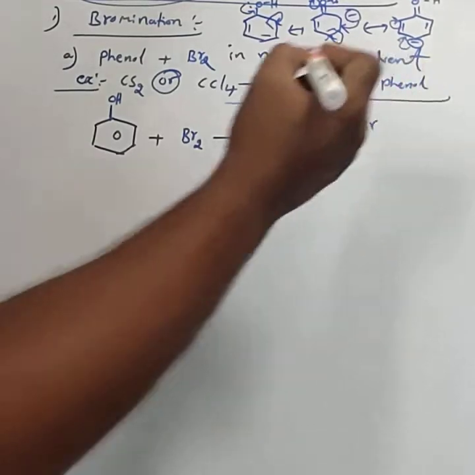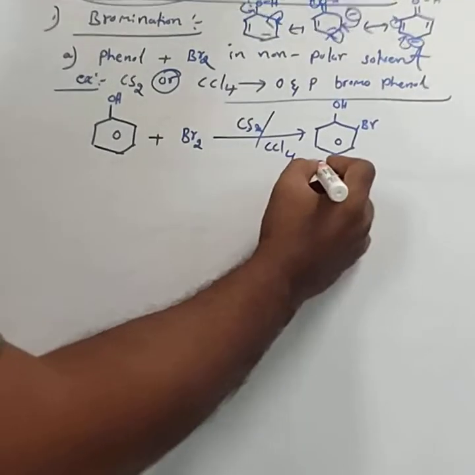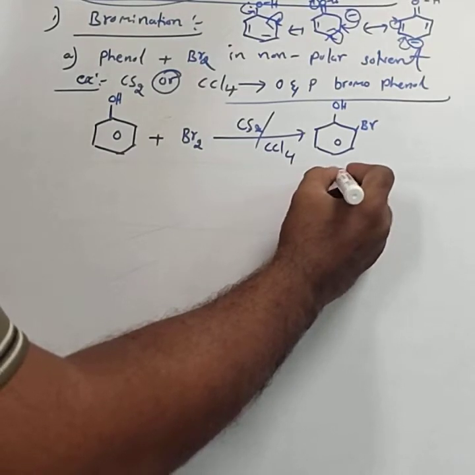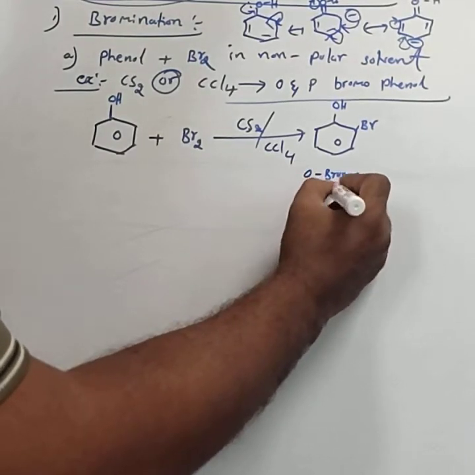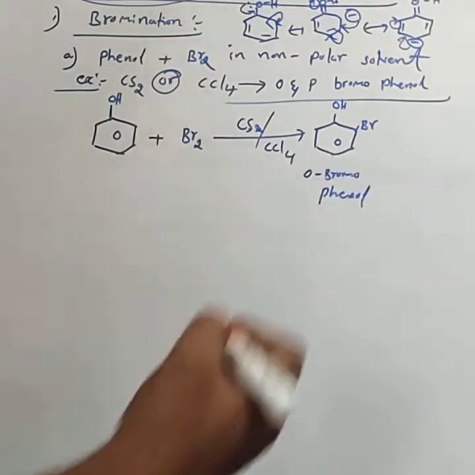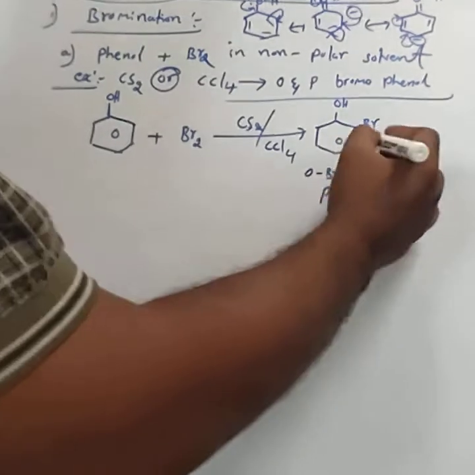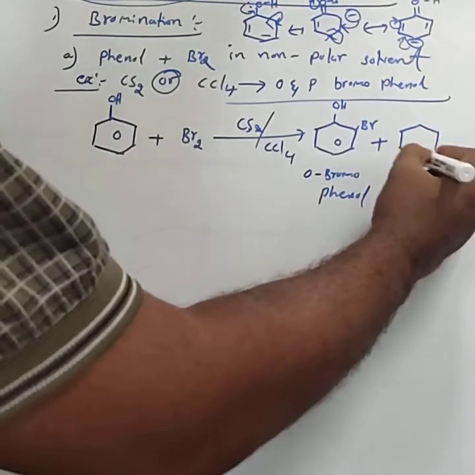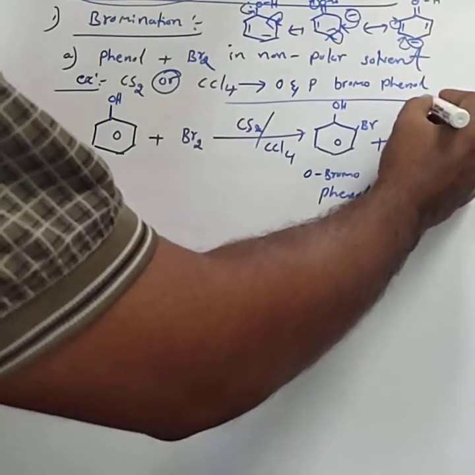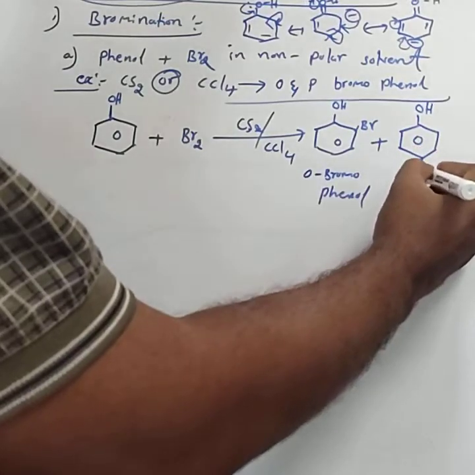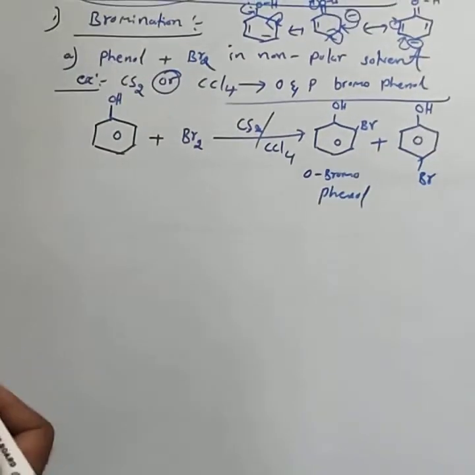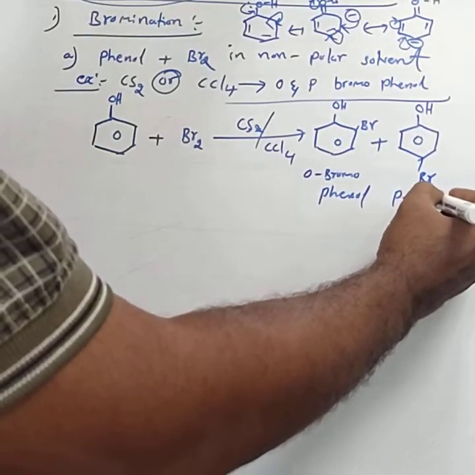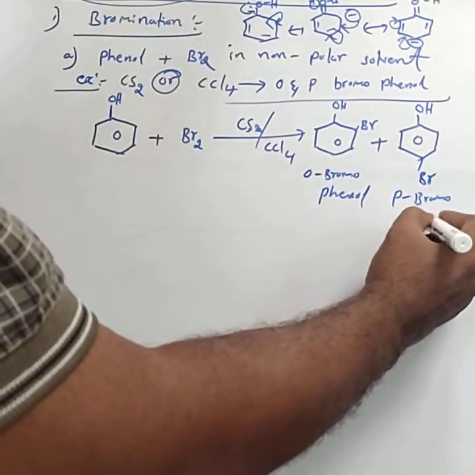At the ortho position, Br is added. The name of this compound is ortho-bromophenol. In addition, one more product: at the para position, Br is added. This is called para-bromophenol.